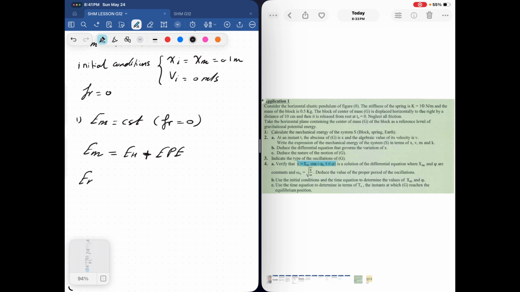So the mechanical energy, at the initial time, is equal to half m v0 squared, which is 0, plus half k x0 squared.